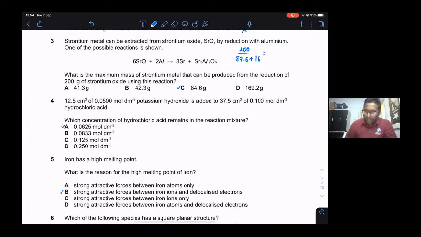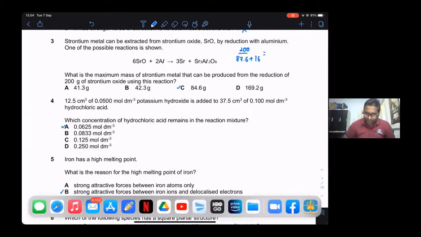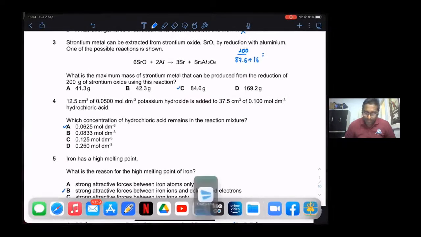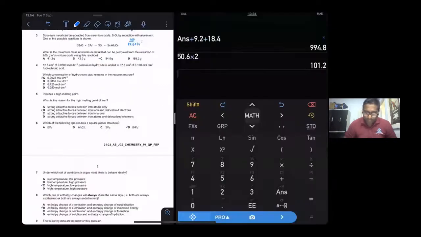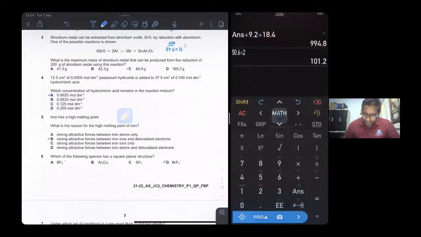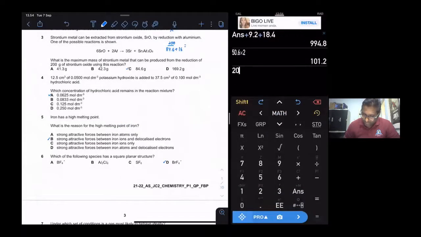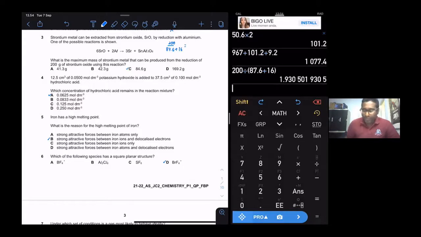So let me quickly calculate this for you. 200 divided by 87.6 plus 16 and close bracket. You are going to get 1.93.